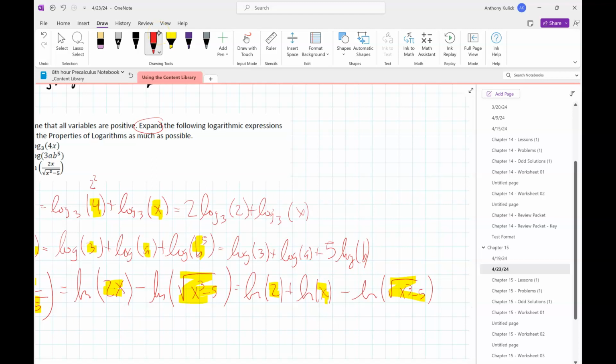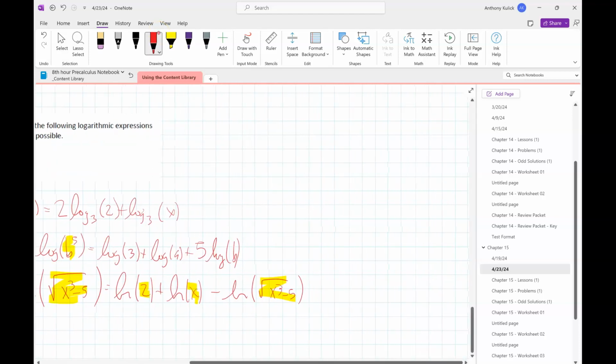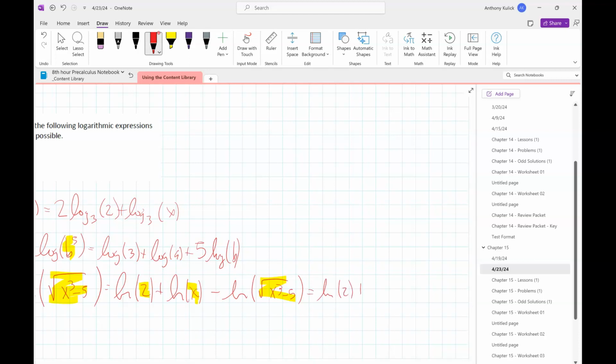Do we see any power properties in any of these logarithms? Nothing in the natural log of 2. Nothing in the natural log of x. What about the natural log of the square root of x cubed minus 5? Is there a power property there? Yes. What is the power? Not 3.